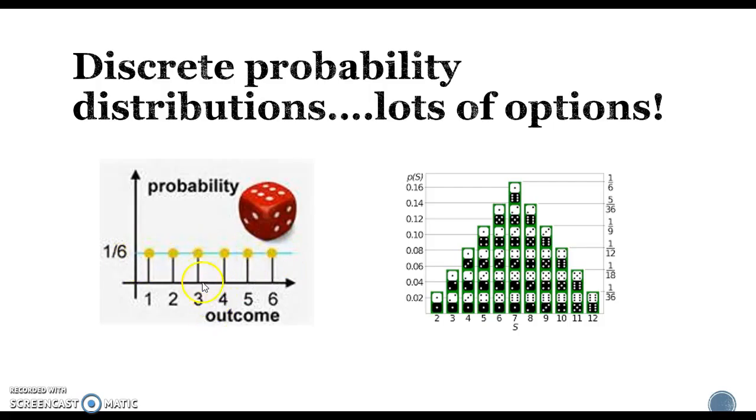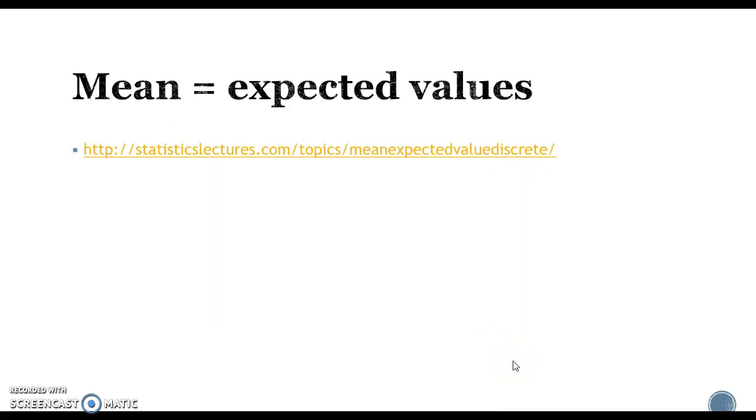My expected outcome might be a 3.5, which you can't even roll. But with two dice, the expected result makes more sense. I'm expecting to get a 6, 7, or an 8, and my average would be a 7, so my expected value would fall right here. Where is it going to fall most of the time?